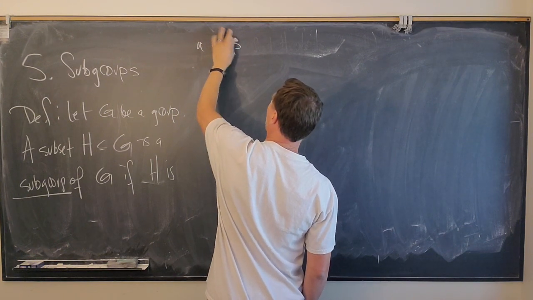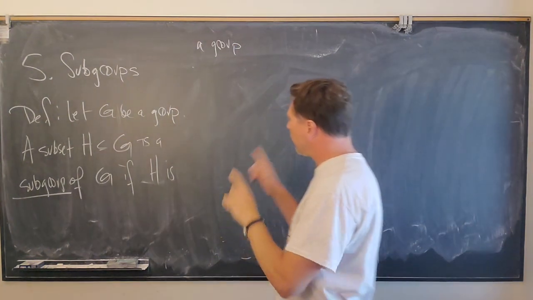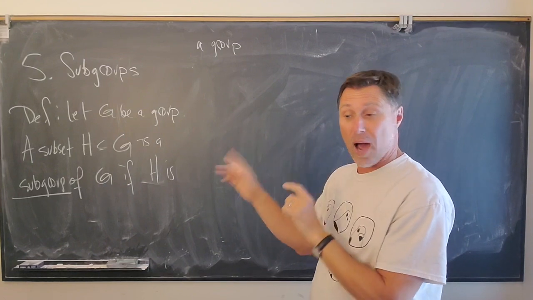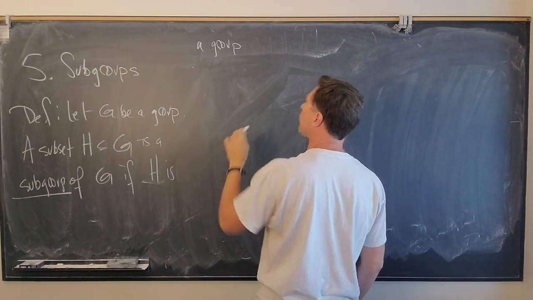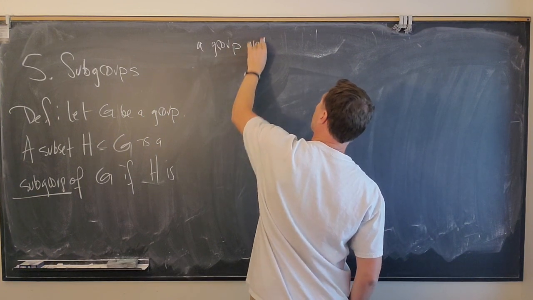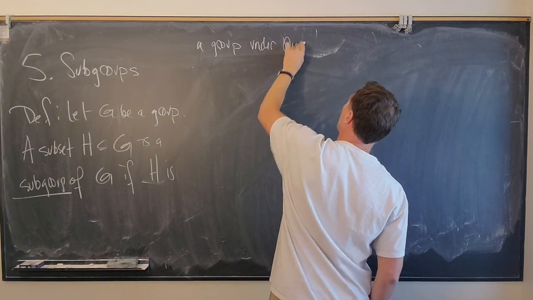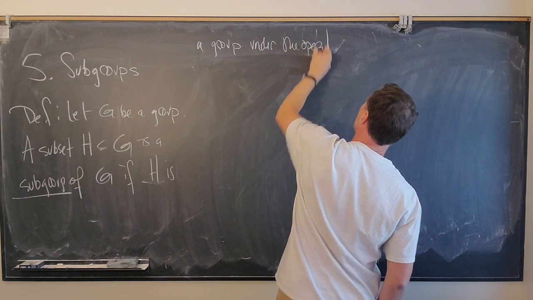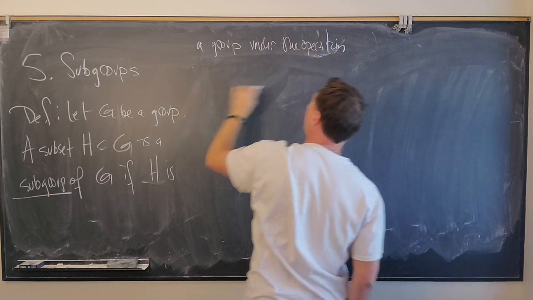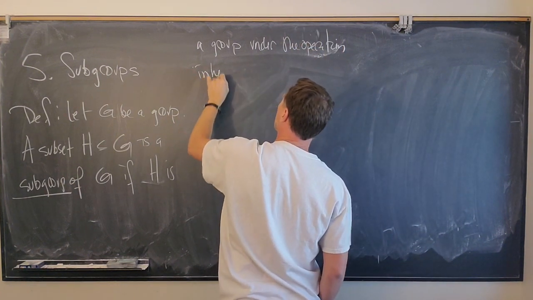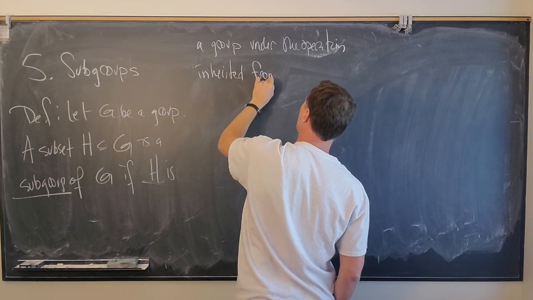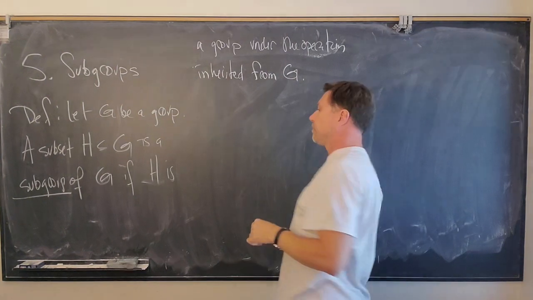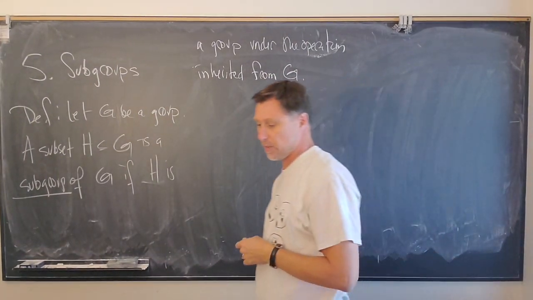All right, so if it's a group on its own, but we have to be a little bit careful if it's a group using the operation that it gets from G, so the same operation that we have in G. So it's a group under the operation inherited from G. Right? So when this occurs, we say that H is a subgroup.